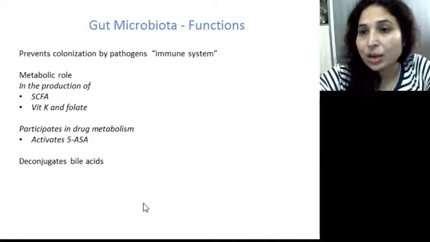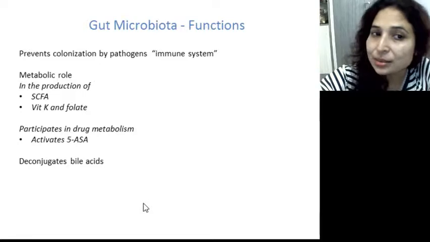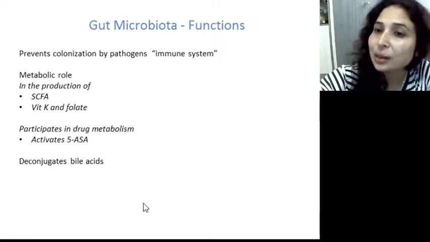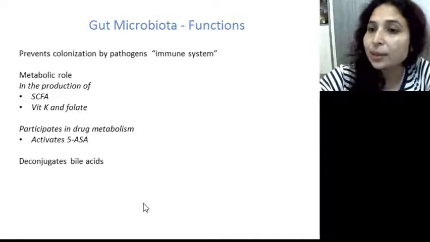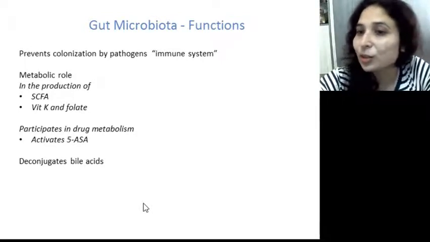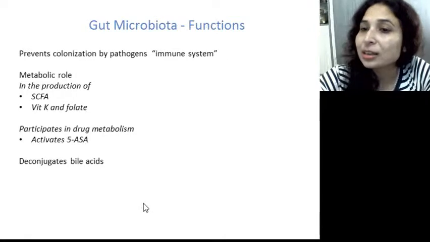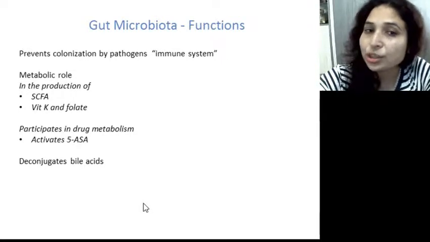So what are the functions of these gut microorganisms? They help in developing the immune system, and in producing many molecules that may be useful for the metabolism of food or for the nutrition of the body.